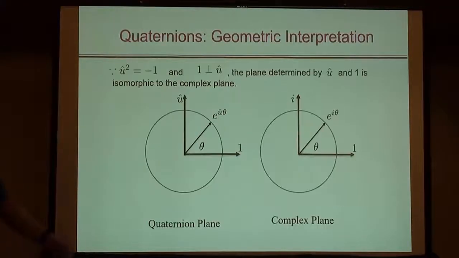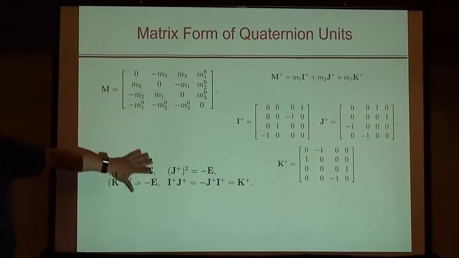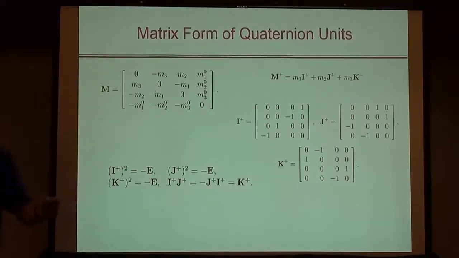From this, we basically know that it represents a four-dimensional rotation in two mutually orthogonal planes, each by angle theta. There's one rotation by angle theta in this plane, and another rotation by angle theta in the other plane. So it involves two rotations, not just one.